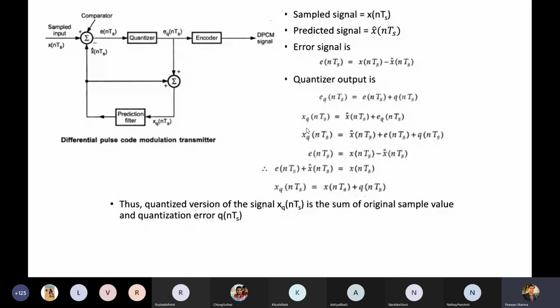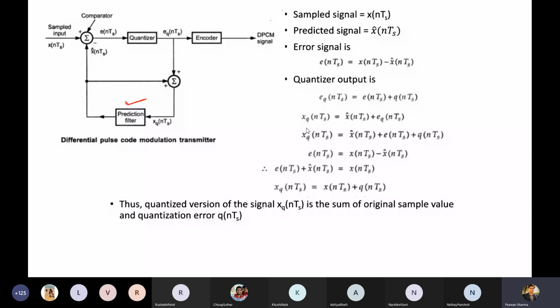The error signal between the predicted and the actual signal depends on the accuracy with which the signal is predicted. If it is good, you have a very good DPCM transmitted signal. If the predictions are not that good, you will have problems with the transmission. So this e(nTs) is nothing but the difference between your sampled input x(nTs) and the predicted value x cap(nTs).